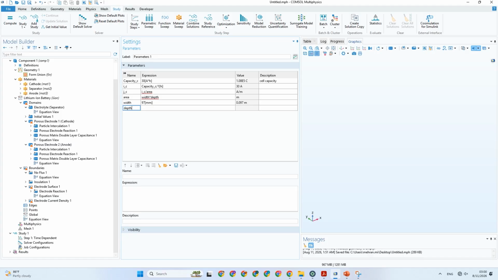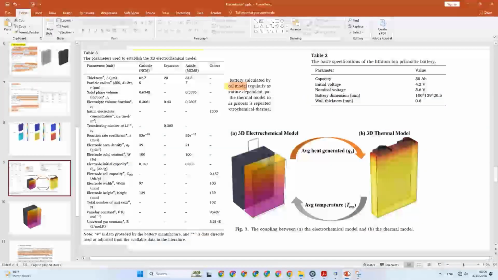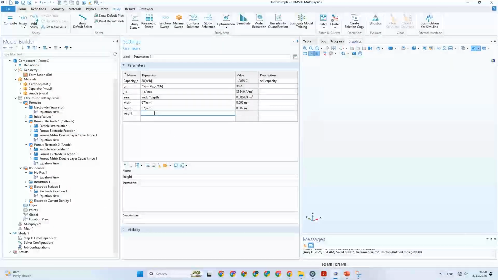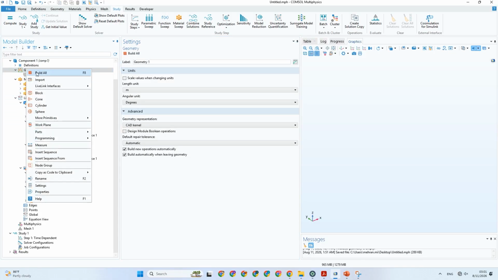Depth 7 millimeter. And the height was 139 or 129 millimeter. Okay, we can choose a block.